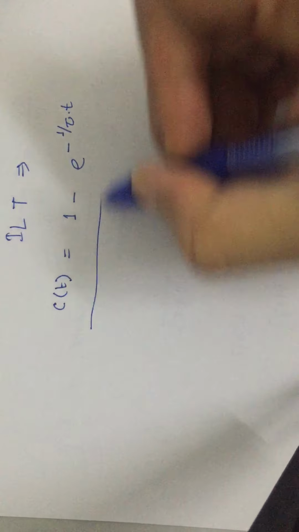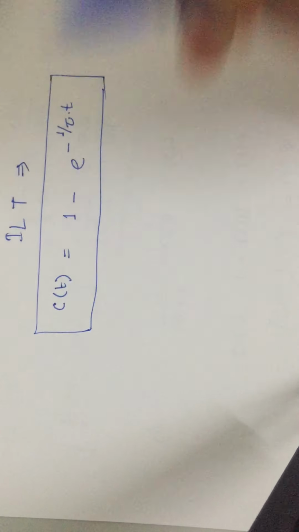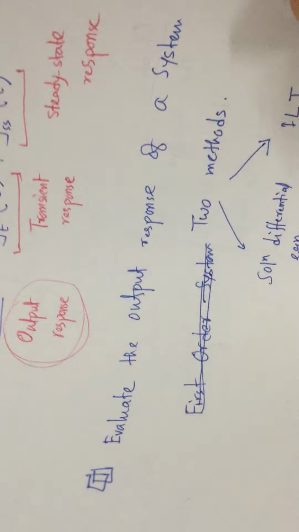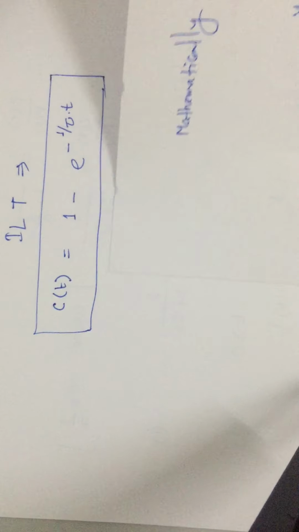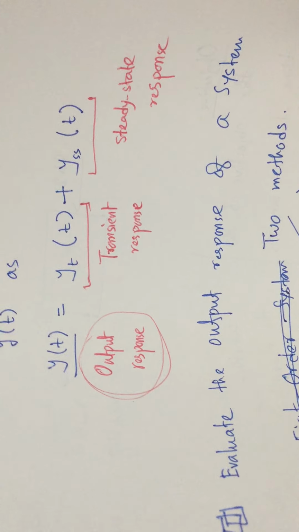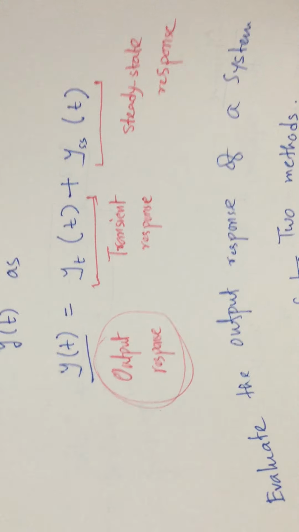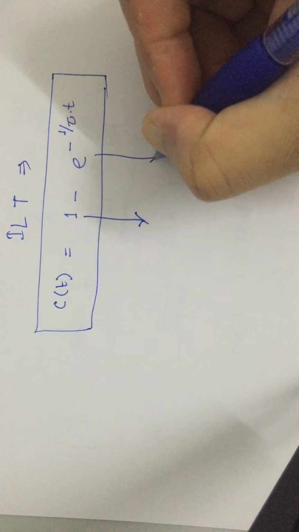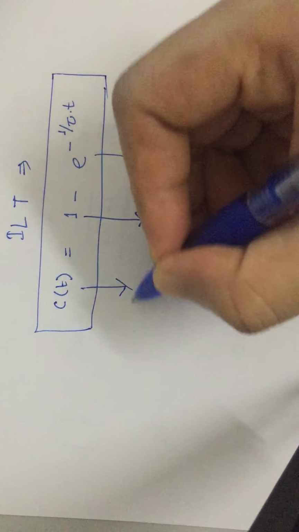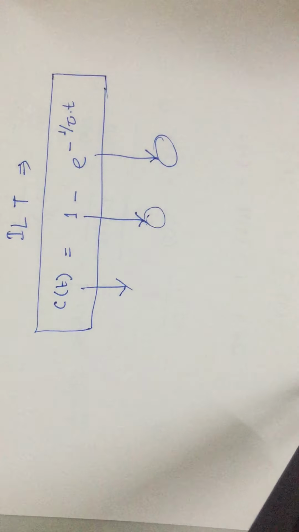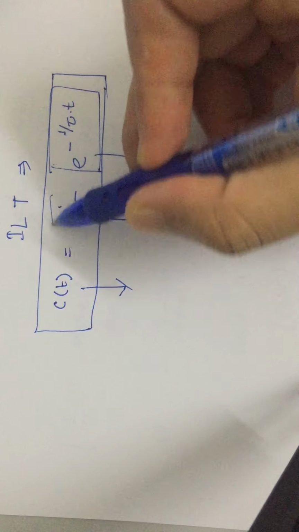So this is our actually desired response. You can see, if we check this one, y of t, here it is c of t, same. y of t equals y transient of t plus y steady state of t. So this is our transient response, and this part is our steady state response.